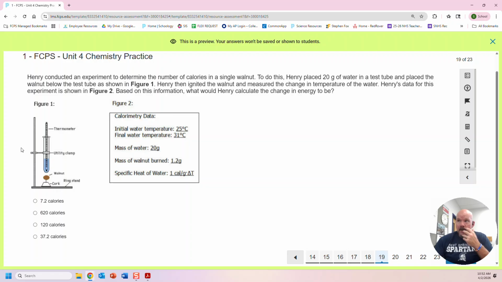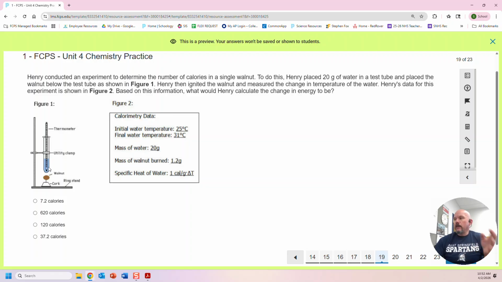All right. So here we got a calorimetry lab setup, and they're burning a walnut, and the heat produced from the burn is being transferred to this sample of water. And so what we're assuming is that all the heat produced by the burning of the walnut was absorbed by the water, and that increased the temperature of the water.